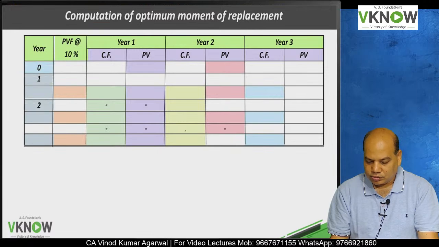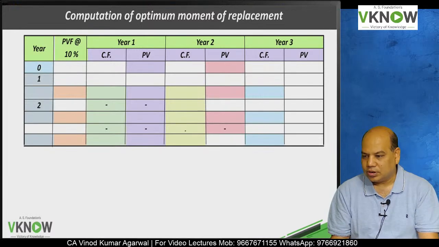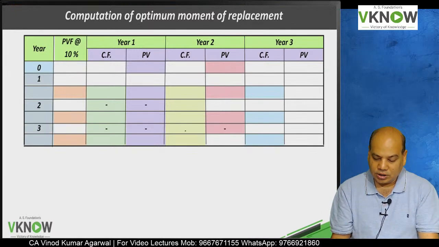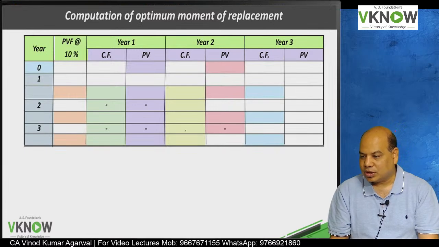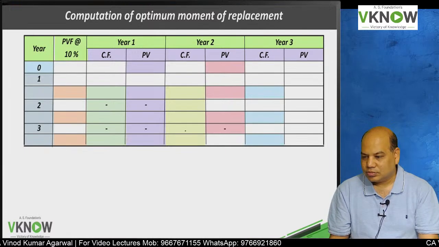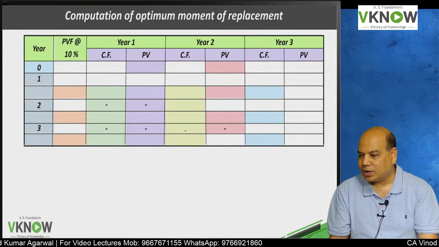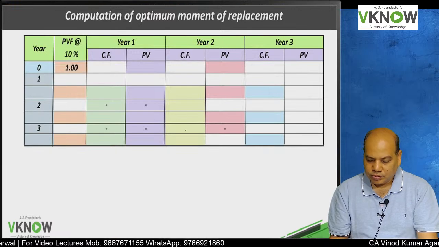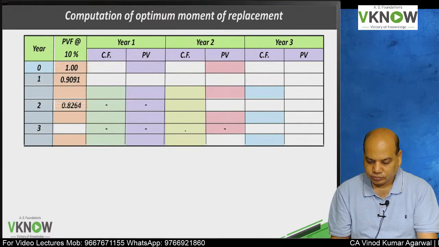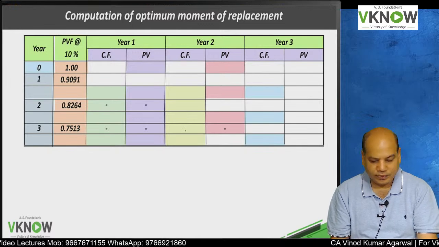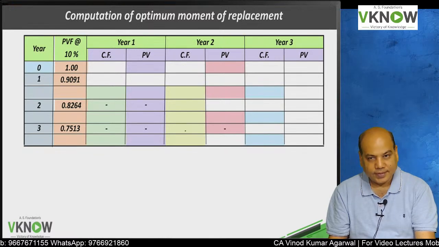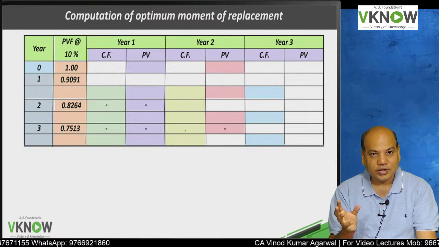In year 0, year 1, keep a gap of 2 lines, then write down year 3, because I need to write some working also in the next line. So keep 2 lines blank between 2 years, year 0, 1, 2, 3. PV factor write down at 10%. PV factor you are going to multiply with the cash flow. PV factor is written. Now understand. Understanding is required in this question.